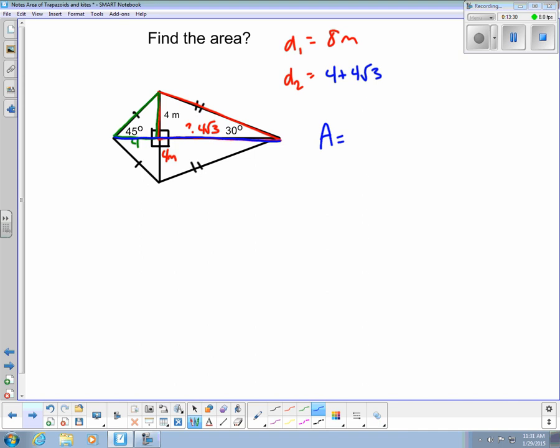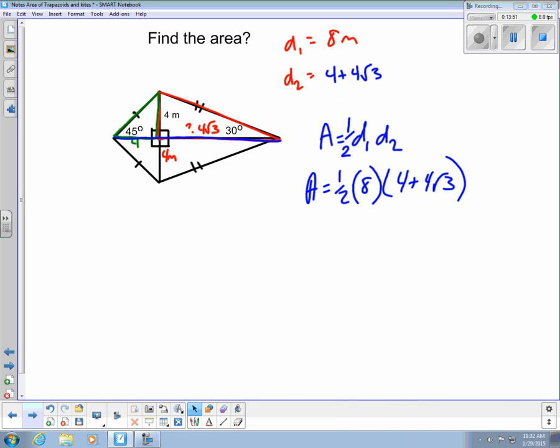So area equals diagonal 1 times diagonal 2. Area equals 8. Oops, sorry, I forgot the 1/2 in there. I almost made a mistake there myself. So 1/2, diagonal 1 is 8, diagonal 2 is 4 plus 4 square root of 3. Now, we cannot combine those two terms, the 4 plus 4 square root of 3. They're not like terms. So let's simplify what we can.